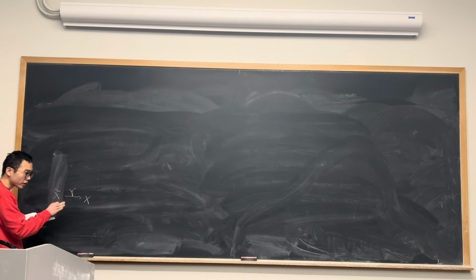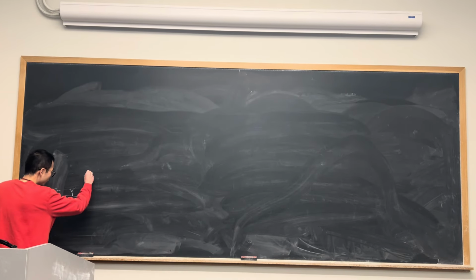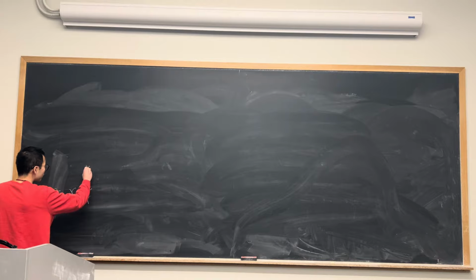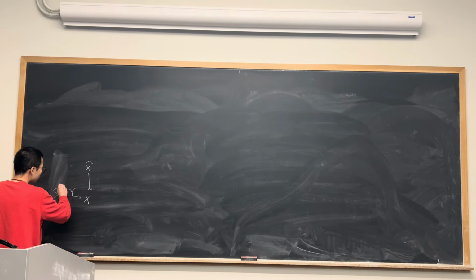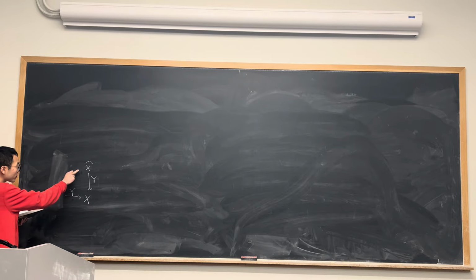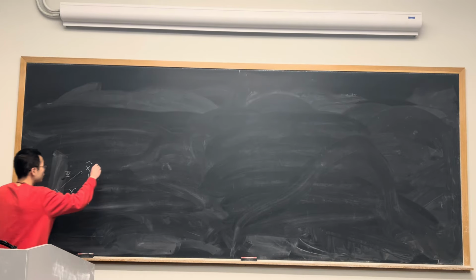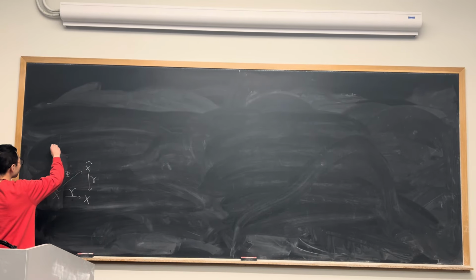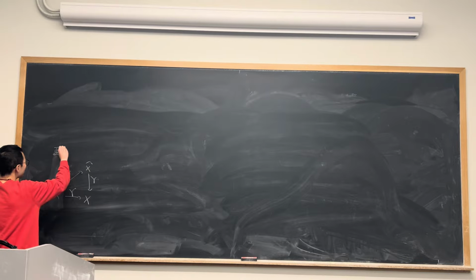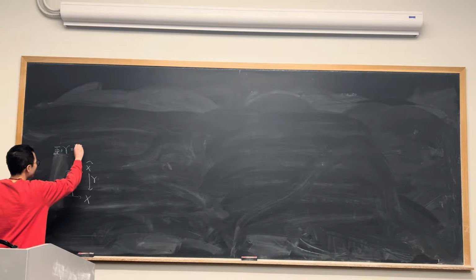Sorry, this is the same holomorphic covering surface, and between the same space we have this phi as the covering map. Sorry, as the deck transformation.